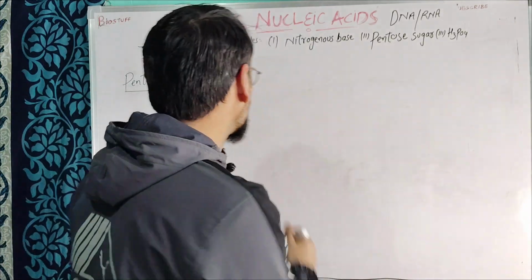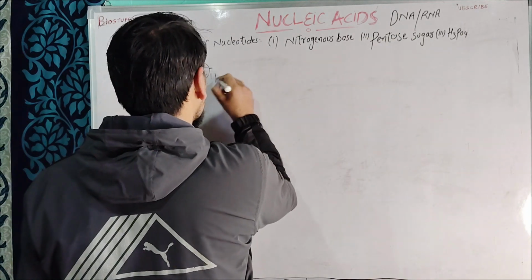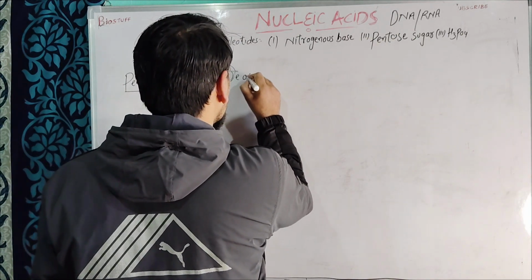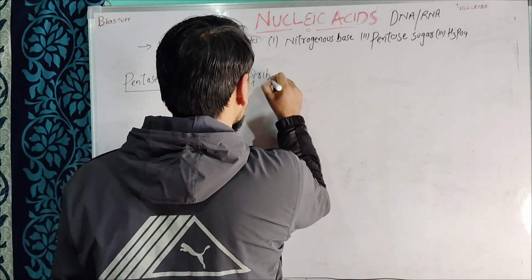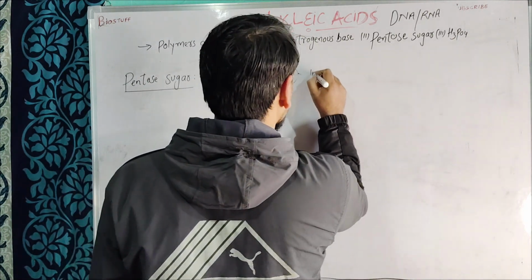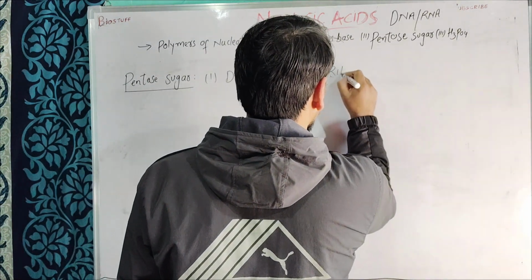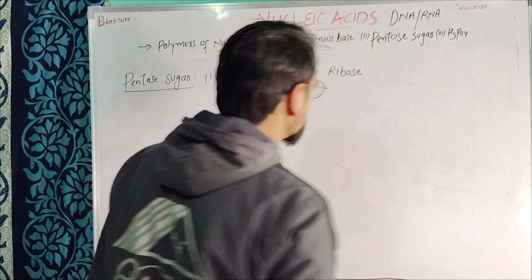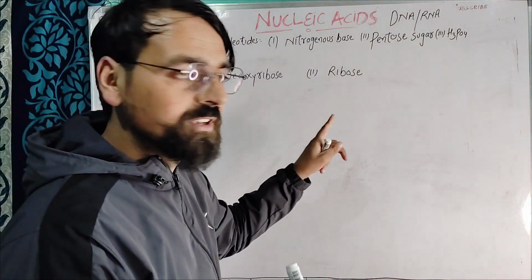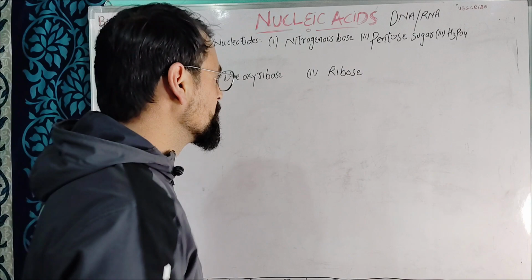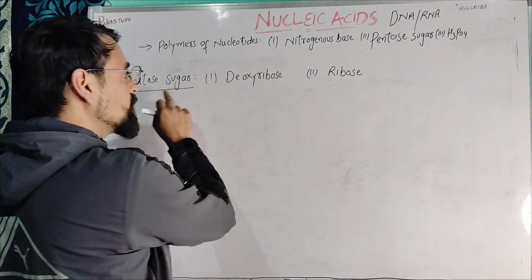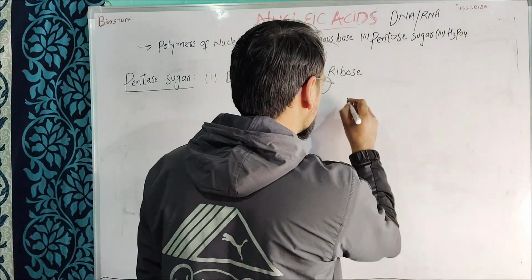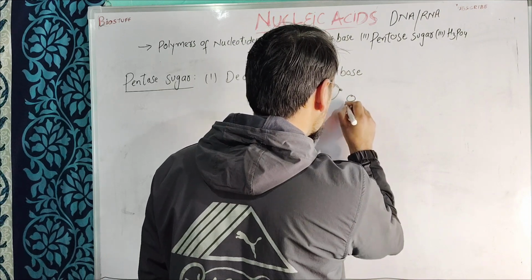One is deoxyribose, and the second is ribose. First we'll learn the ribose, and then we'll talk about the deoxyribose. Now ribose is a pentose sugar. How is it drawn? Like this.